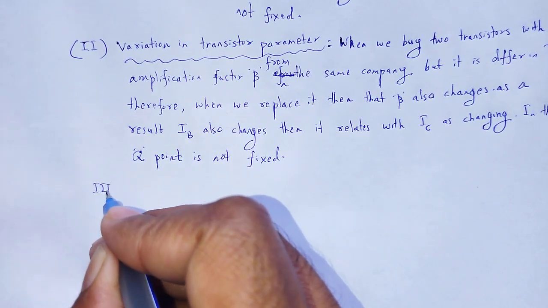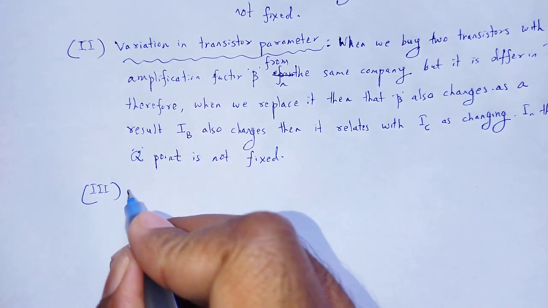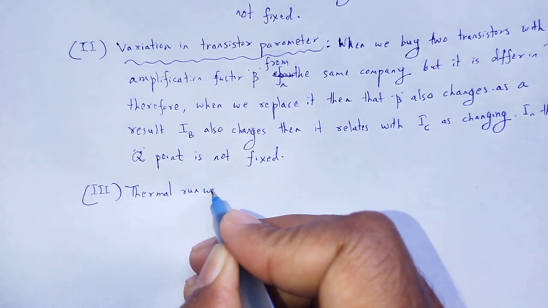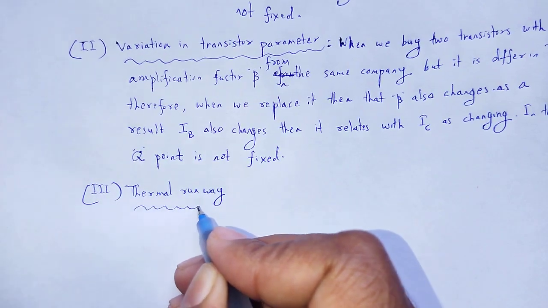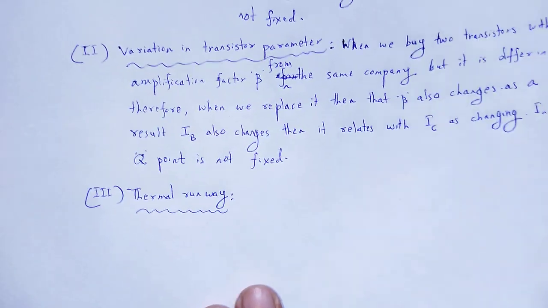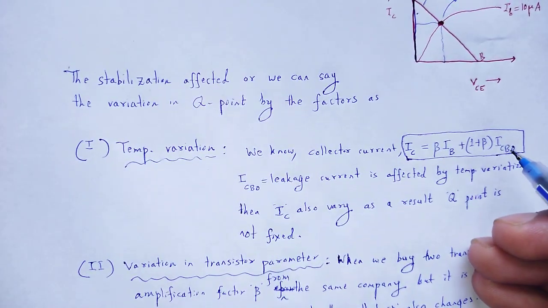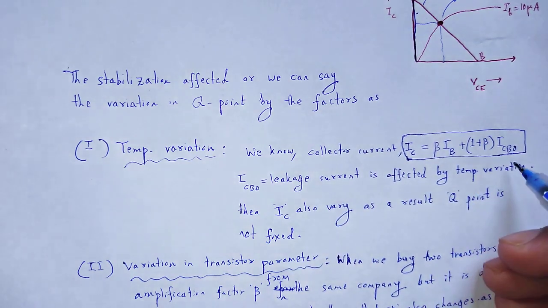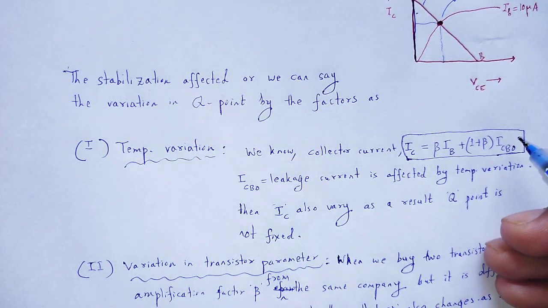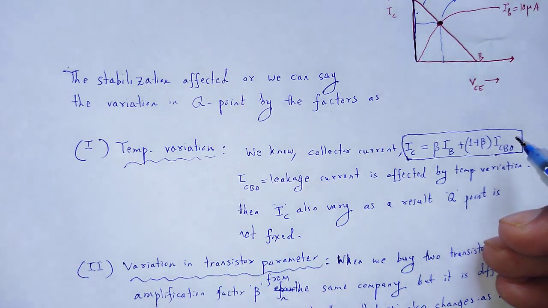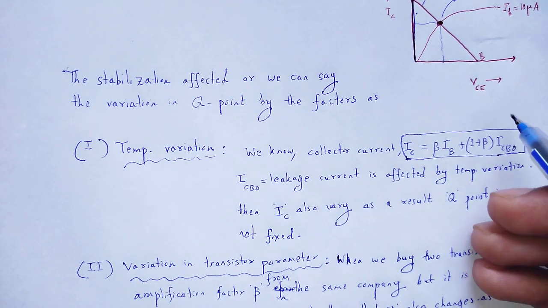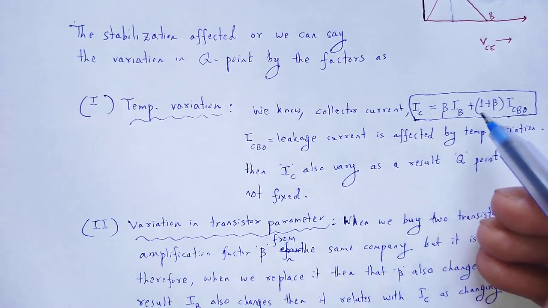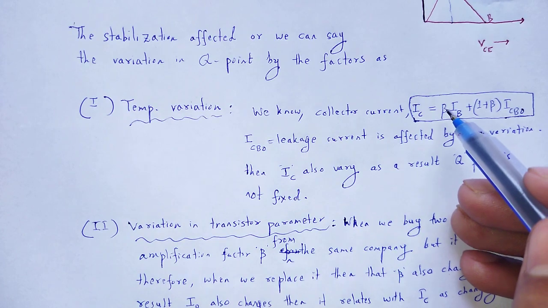Next point is thermal runaway. Same equation as before: ICBO, that is the leakage current, is related to temperature variation. As temperature increases, heat is also generated. As a result, heat is generated in a huge amount, so IC and IB are also affected.